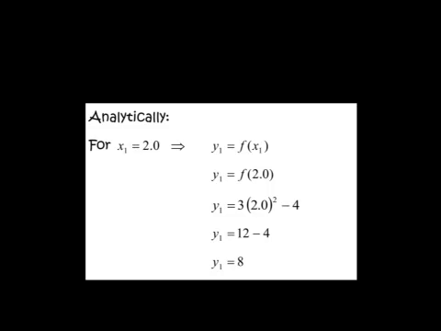So let's write the function up here. That function is y equals 3x squared minus 4. And we're going to work analytically, and we're going to calculate y1 with the first value of x, which is 2.